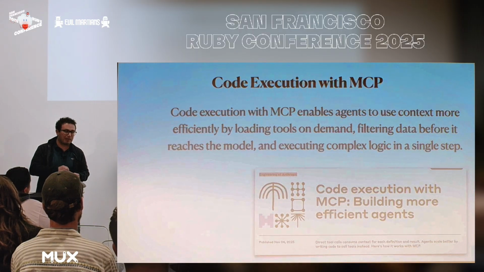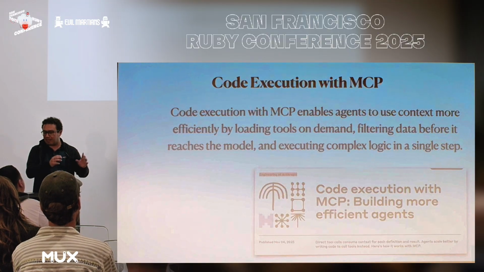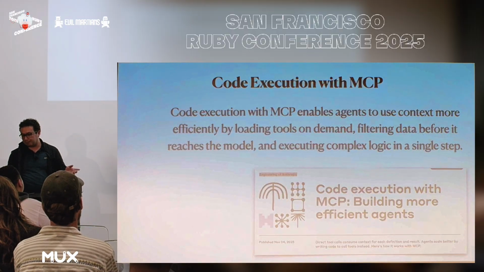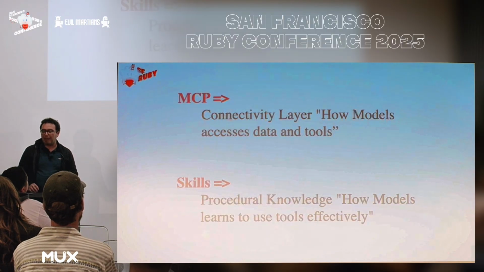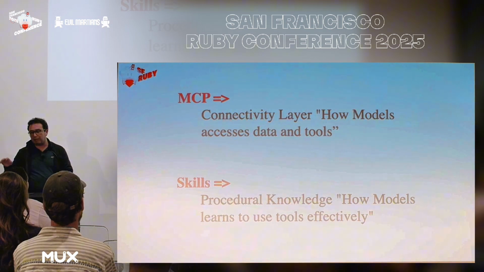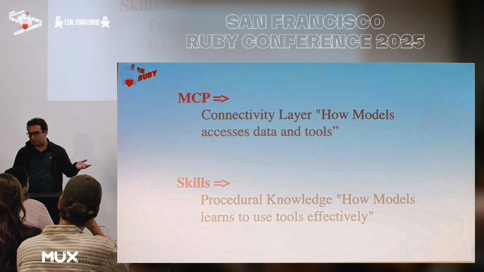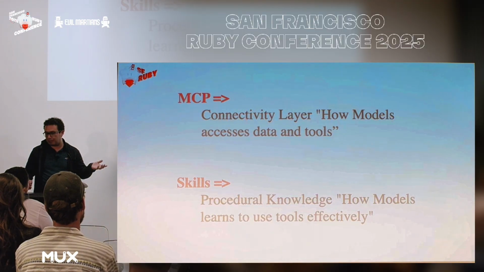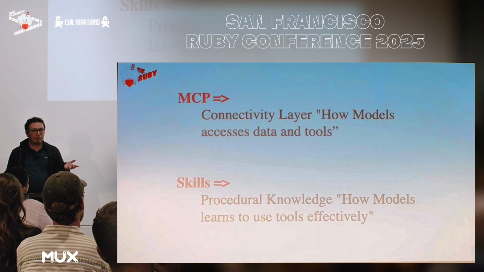It's not like they're sending the agent into the wild. So in this way, they're saving tokens and making it more performant. So in other words, MCP still will be the connectivity layer on how models can access other data and tools. And skills will be the procedural knowledge, or how the models learn about using the tools effectively.